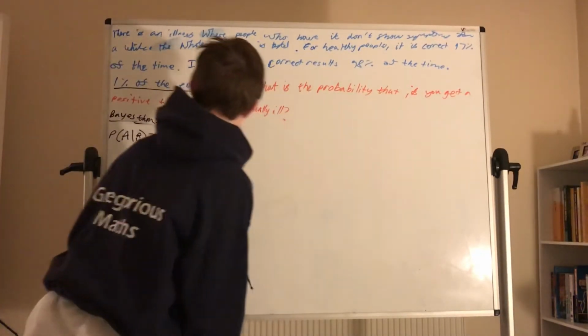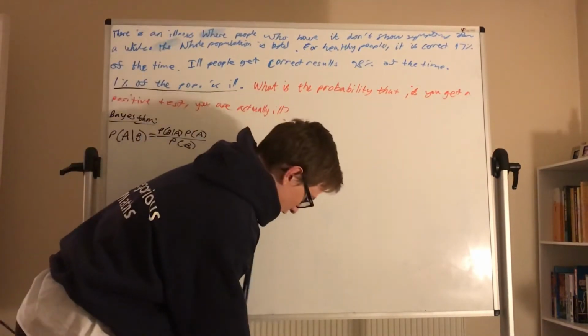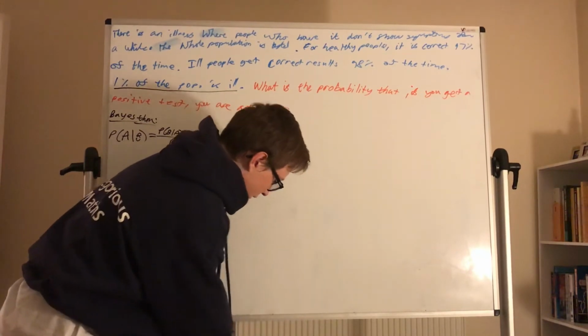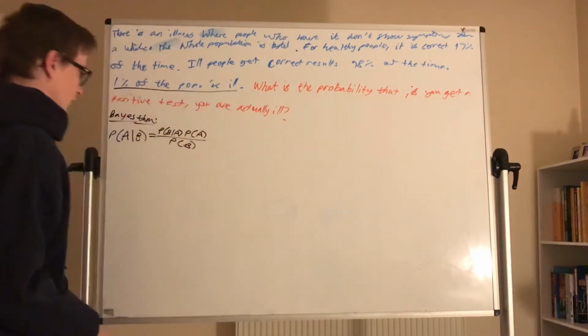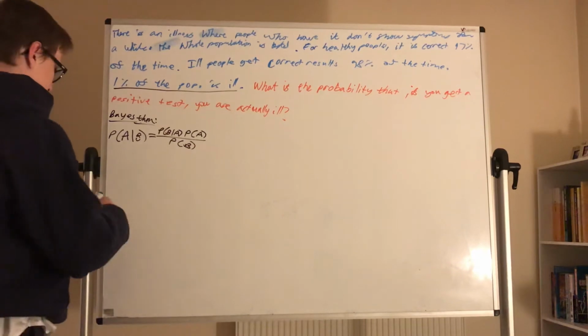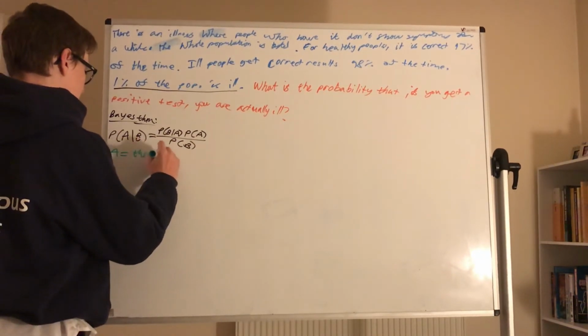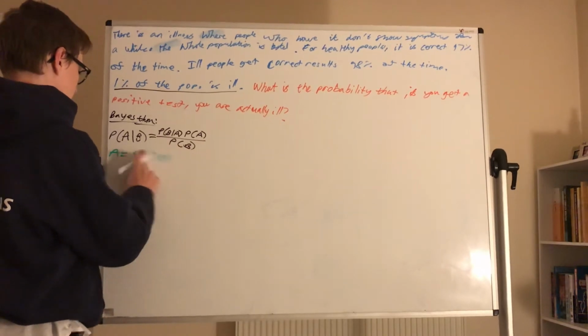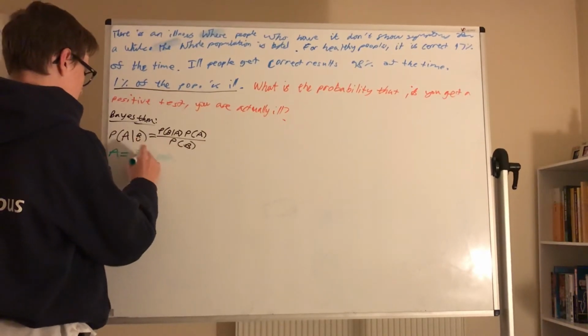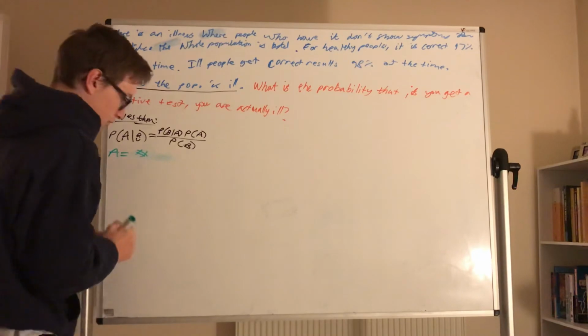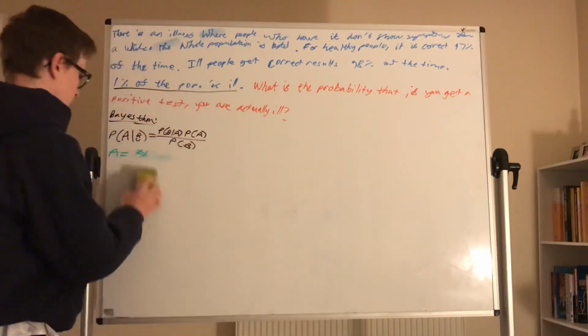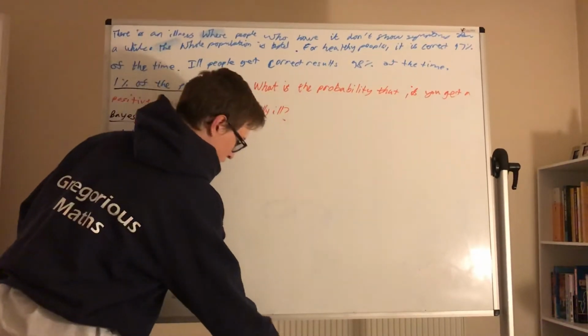So let's do this. It's quite a wordy problem, so it's quite intimidating, but once you break it down, it's not too bad. So A is, sorry, it's just you are ill.